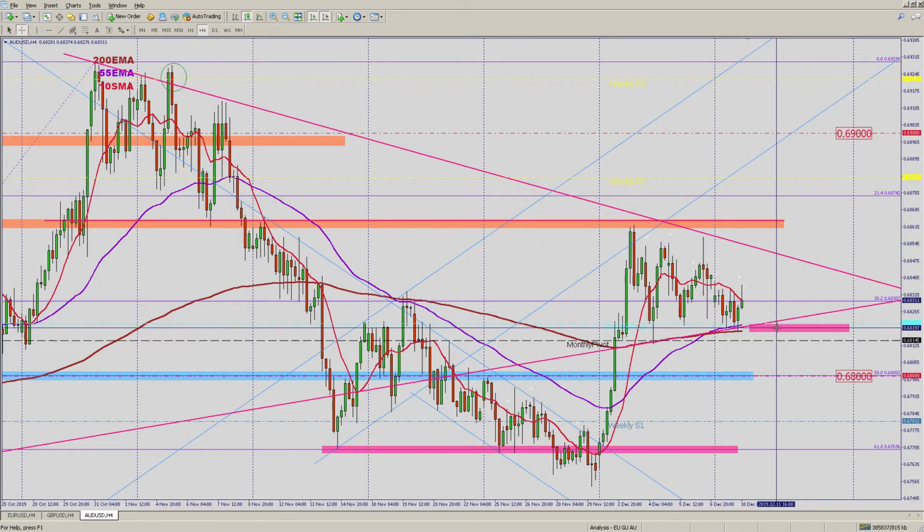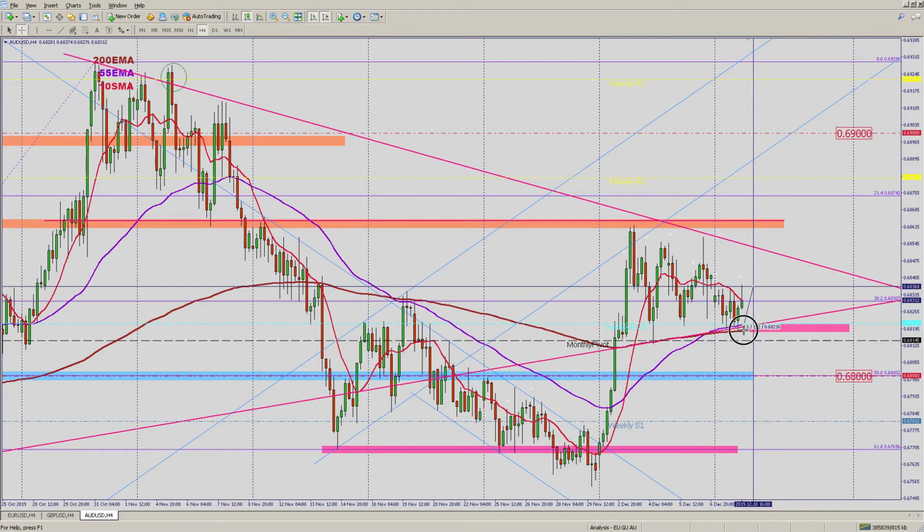Right, so it's still consolidating in a very tight range. Yesterday was only less than a 20 pip range, so it will need to break out at some point, hopefully later this week.